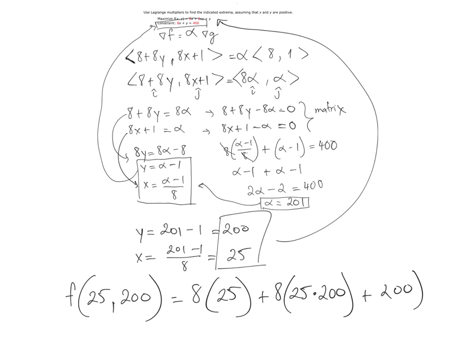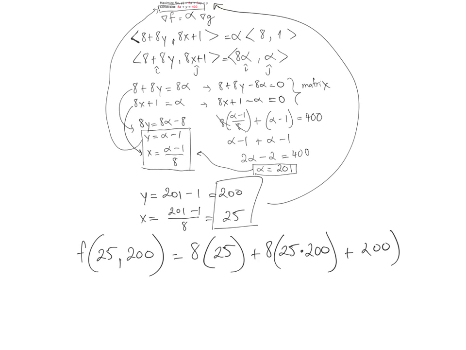So now you can plug that into your calculator and find your value. It will be 40,400. So this is your maximum from using the Lagrange multiplier.